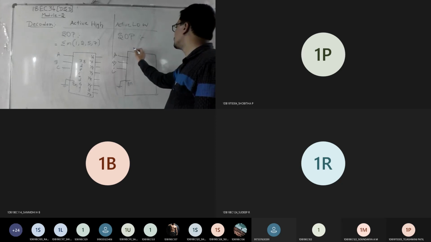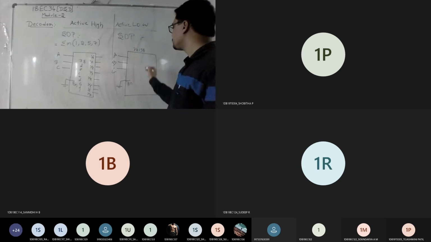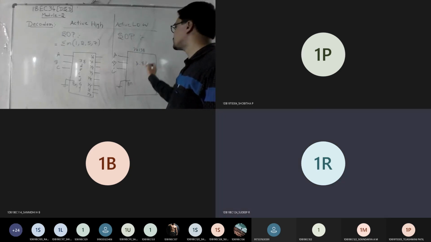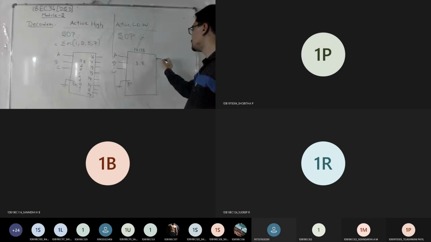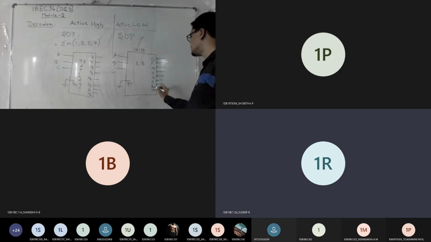This is using your 74138 IC or active low logic. It is also a 3:8 decoder, and you need to bubble the outputs, taking complement Y0 to Y7. If you make a mess here, you're going to lose 6 to 7 marks.